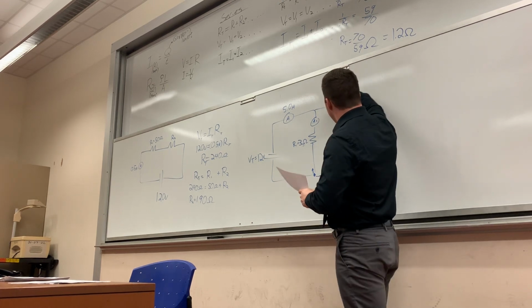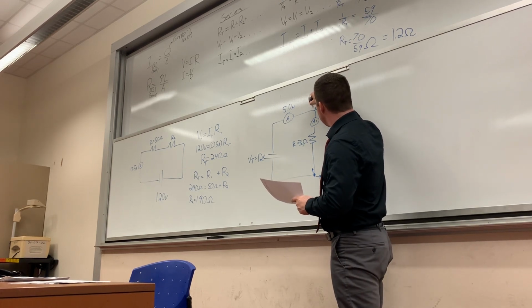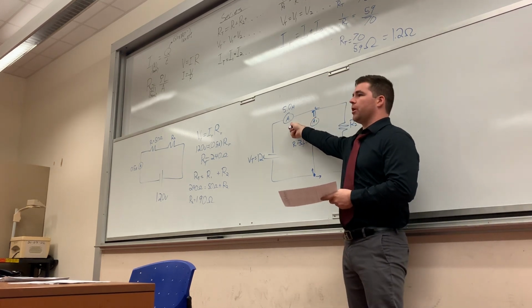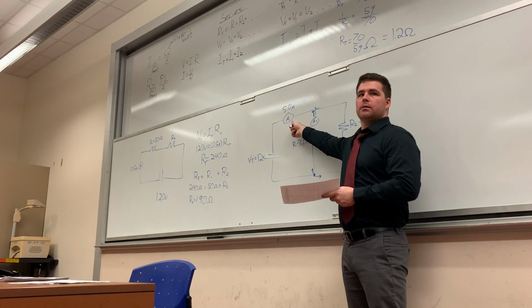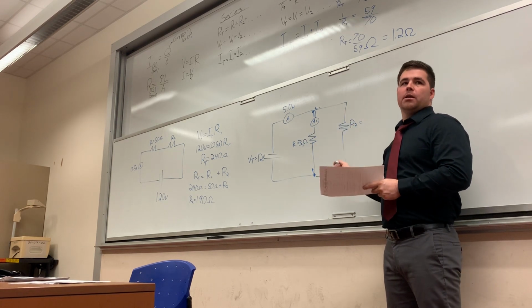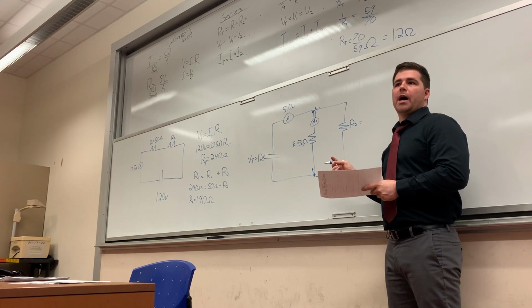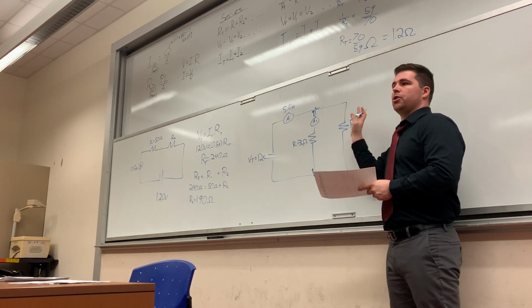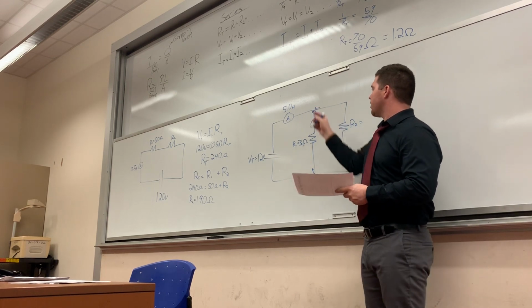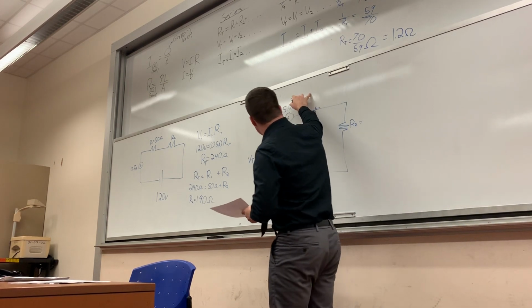But then it comes back together right here. So this will read our total current. If an ammeter was over here, that would read I1 or I2, the current just in one of the branches. They split here, they come back together here. So this is our total current.